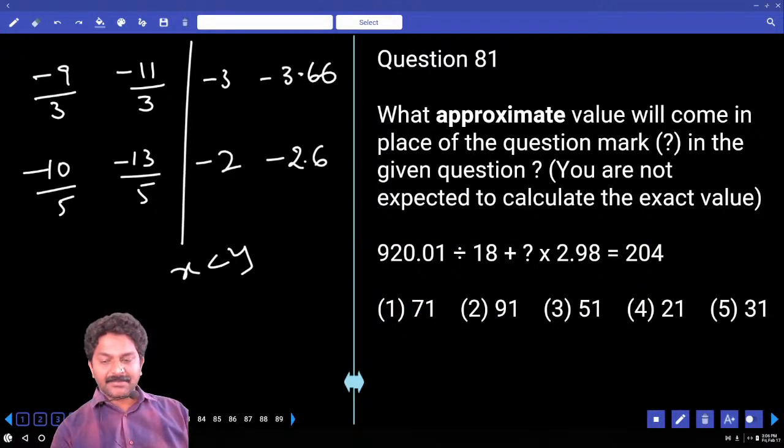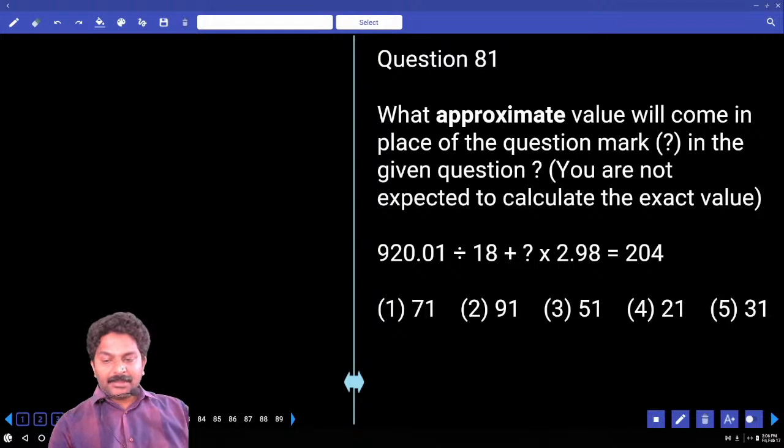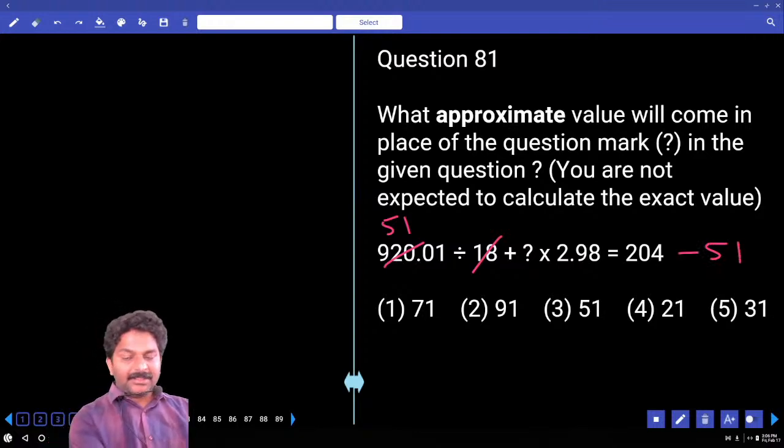Approximations. 18, 5 times 90. 20 we have, approximately 1 time. 51 goes to the right hand side, becomes minus 51. That becomes 153, which is equal to x into 3.